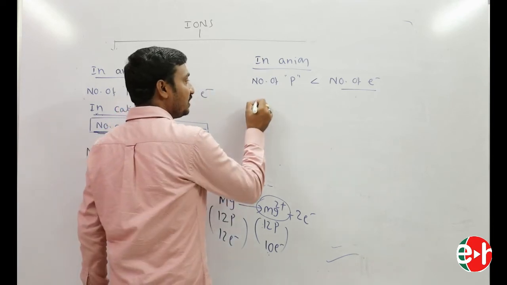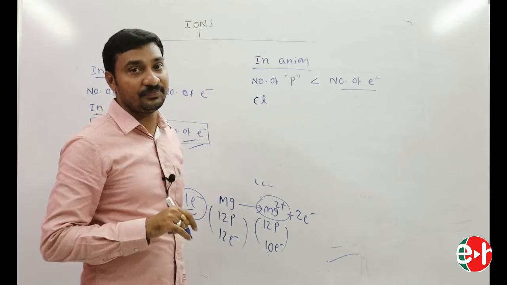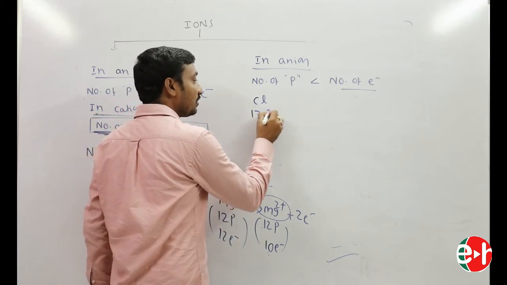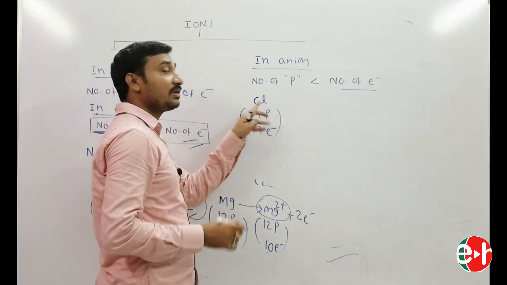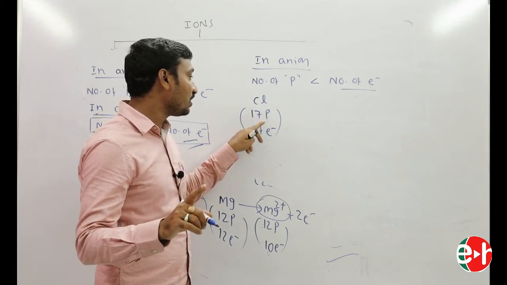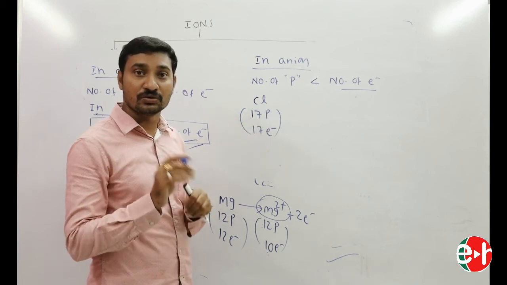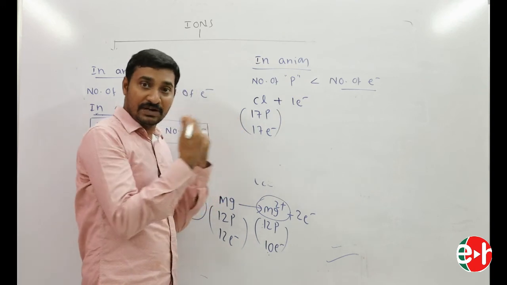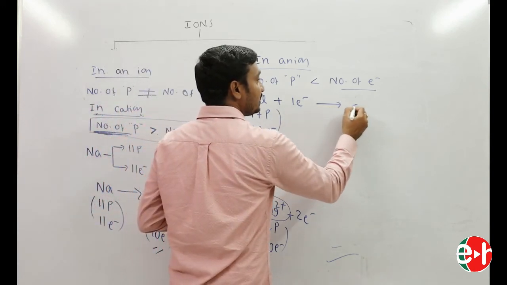Okay, for example, see chlorine, atomic number 17. What does it mean? It has 17 protons and 17 electrons. A neutral atom contains the same number of protons and electrons, equal numbers. The neutral atom gains 1 electron and forms Cl minus.